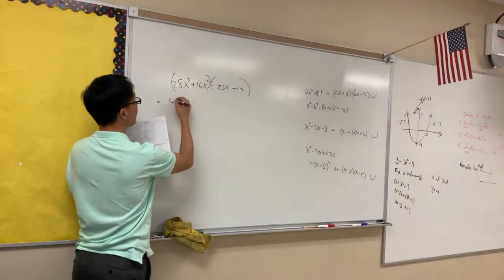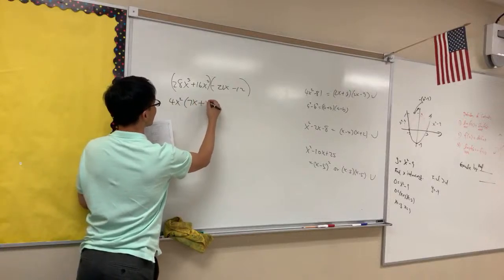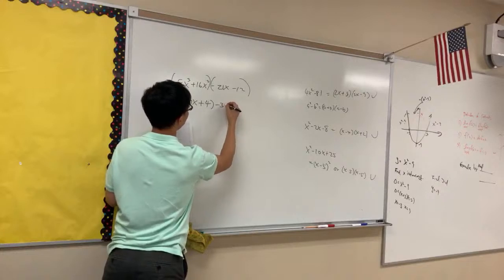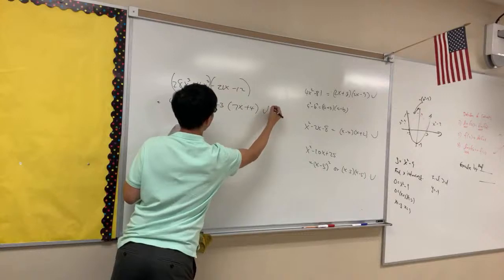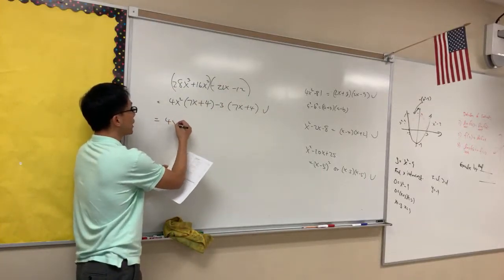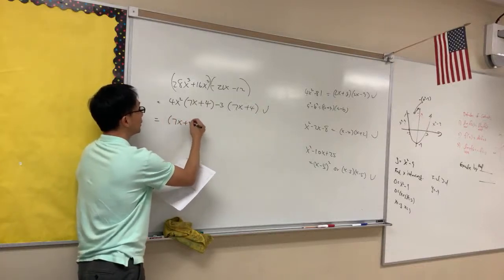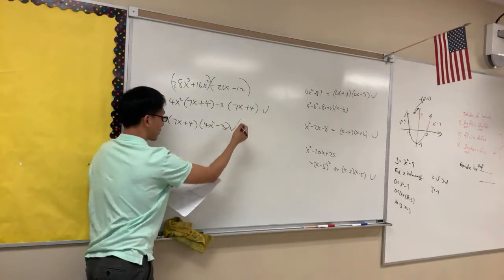GCF, it should be 4x squared times 7x plus 4, I think. This one you're gonna factor out a negative 3, and that's gonna be 7x plus 4. If you get to here, you get 1 check mark. If you simplify again, just factor out 7x plus 4 times 4x squared minus 3, you get another check mark.